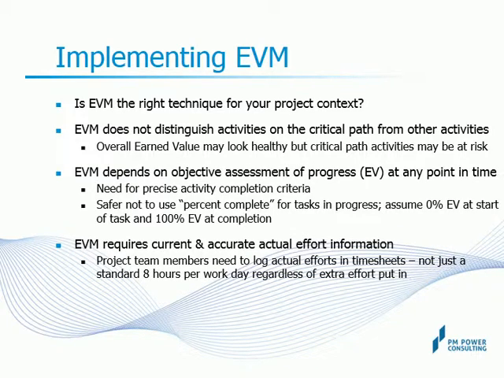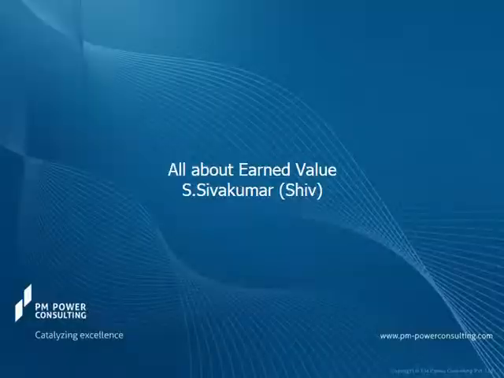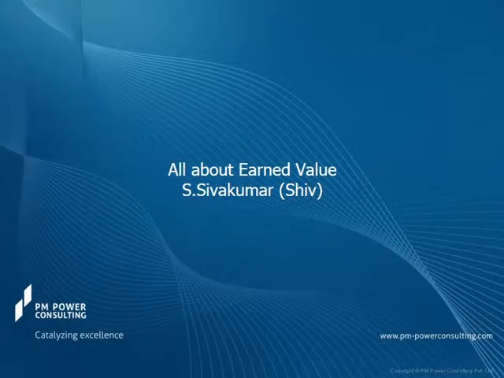Lastly, EVM rests on the ongoing availability of accurate actual effort expended in the project. This is the actual cost or AC. This means that the organization environment, processes, and tools should enable the project team to log actual hours with due approval from the project manager.